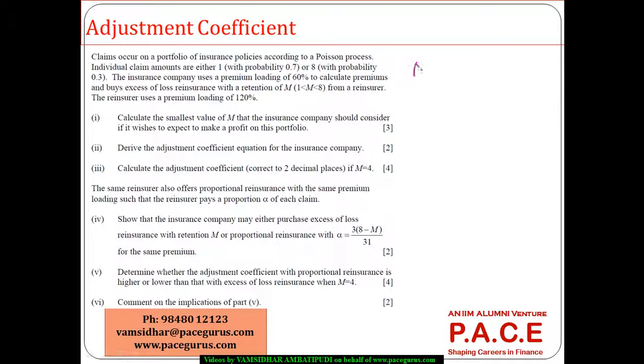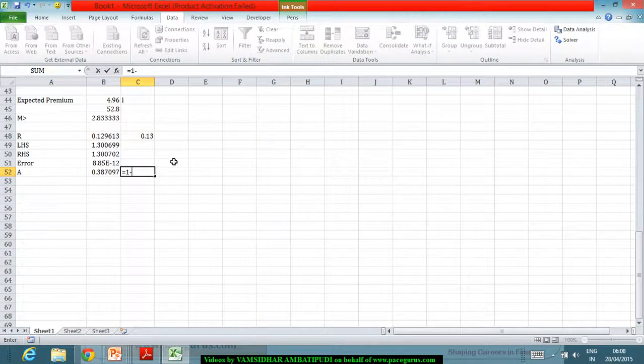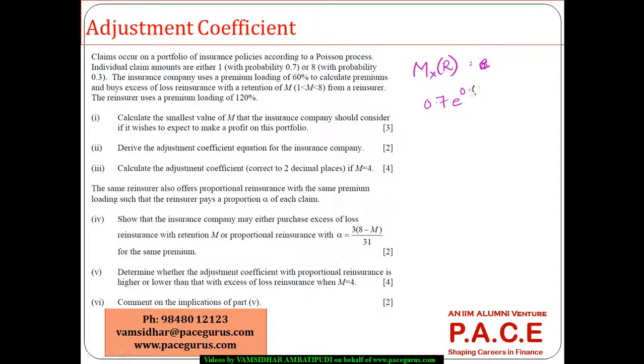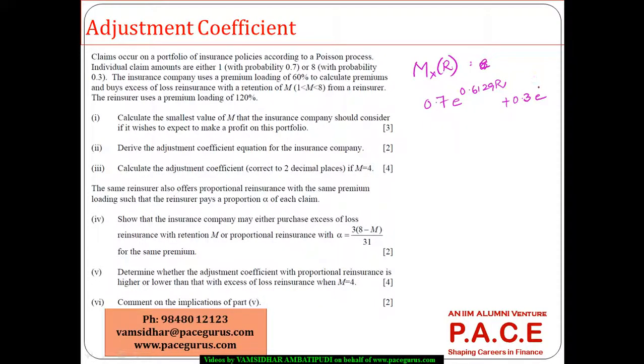Now if I look at the mx, the moment generating function of r, from the insurer's perspective, e to the power of, when the claim is 1 with a probability of 0.7, the insurer would be paying 1 minus this, which is 0.6129r, and with a 30% chance, when the claim is 8, he would be paying 8 times this, which is around 4.903r. This is the right hand side.